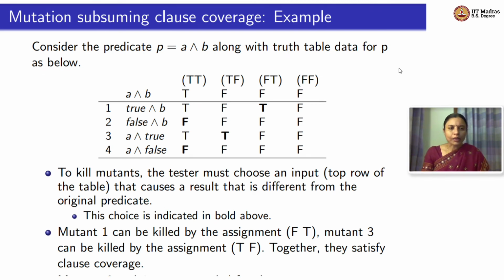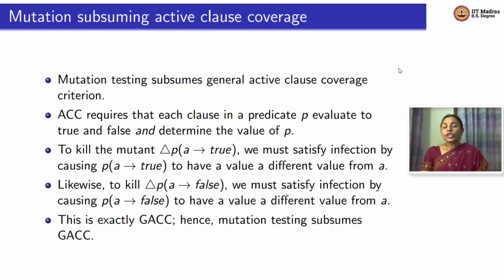Mutation testing also subsumes active clause coverage, specifically general active clause coverage. If you remember what active clause coverage was, it says take each clause to be the major clause, make the major clause once true and once false, and see whether it determines the predicate.